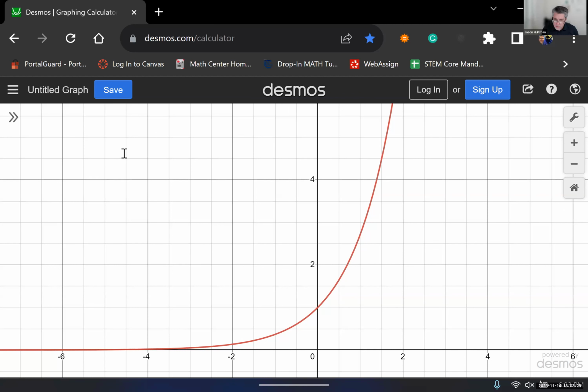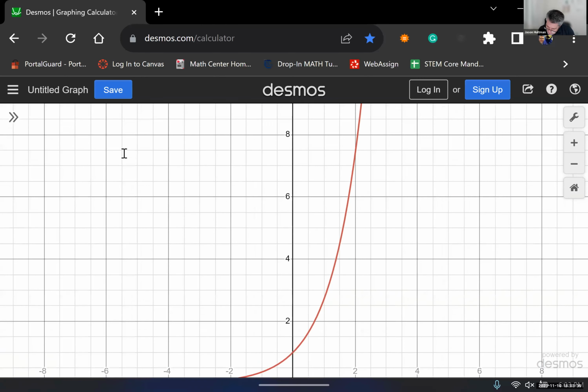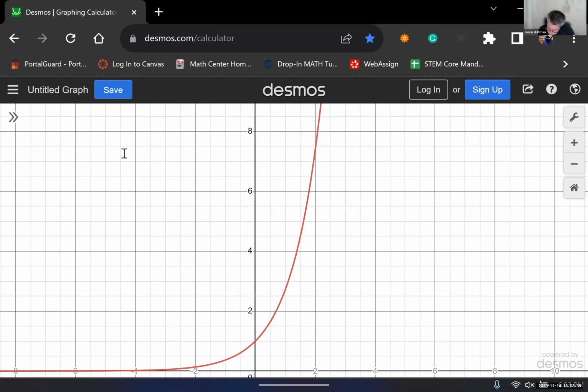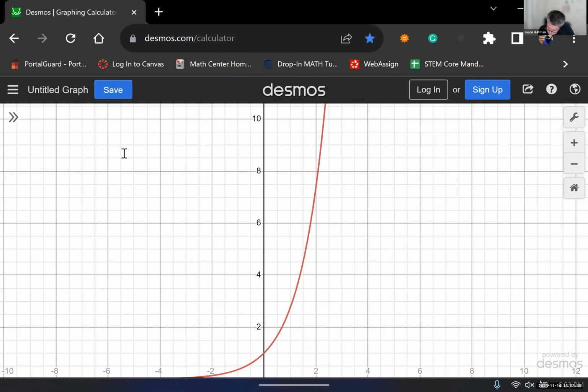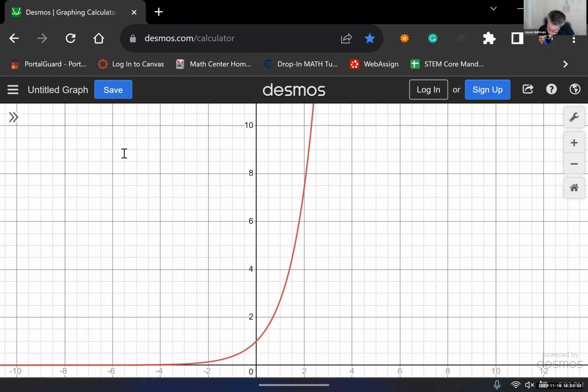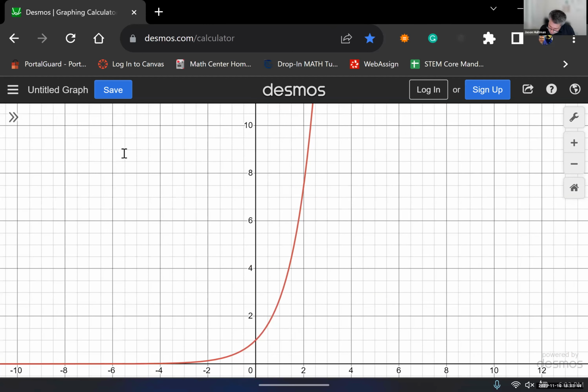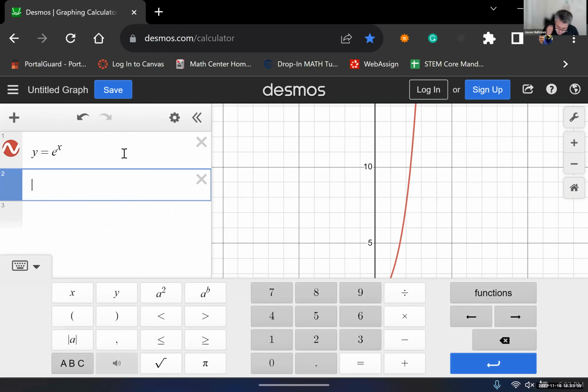Okay, so what I'm going to do is put a point on here. What happens when x is 2? Where are we at when x is equal to 2? I'm going to zoom out a little bit. When x is 2, where are we on this curve?